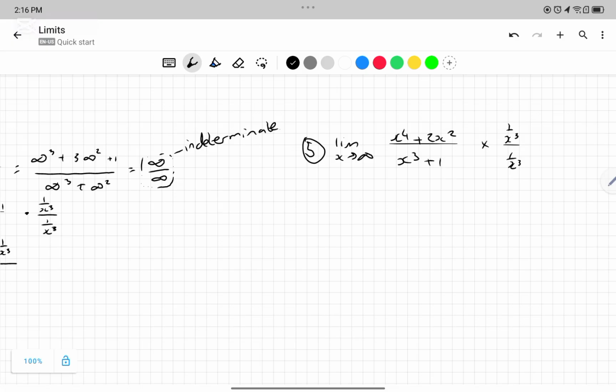And what we get is limit as x approaches infinity, x plus 2 over x all over 1 plus 1 over x cubed.